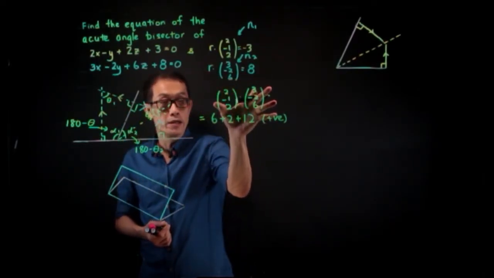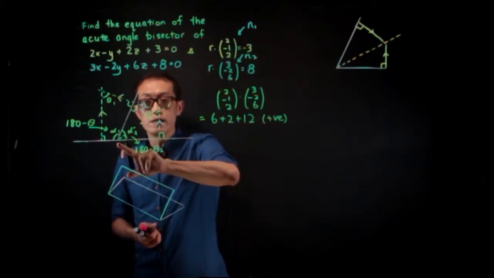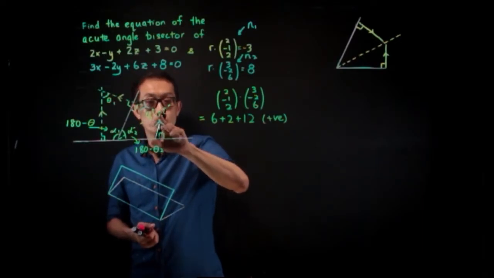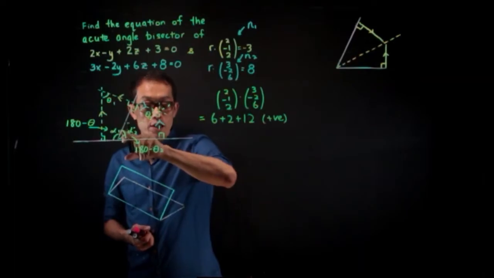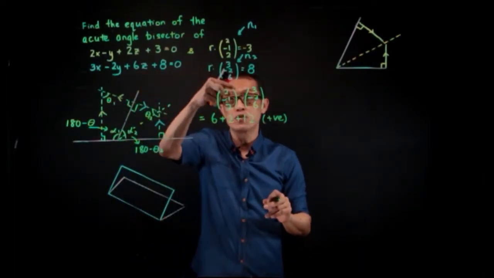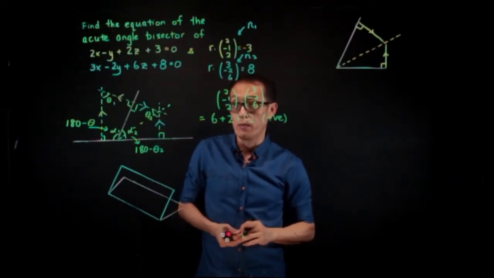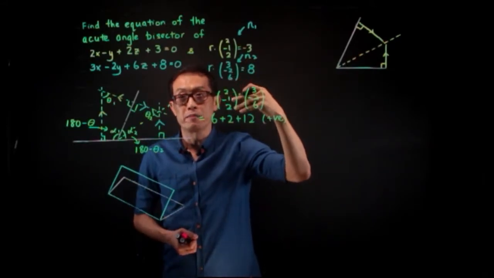Now you want the angle between the two normals to be obtuse, because you want the angle between the two planes to be acute. So you must change the direction of one of the normals. We can change whichever one, but only one of them.